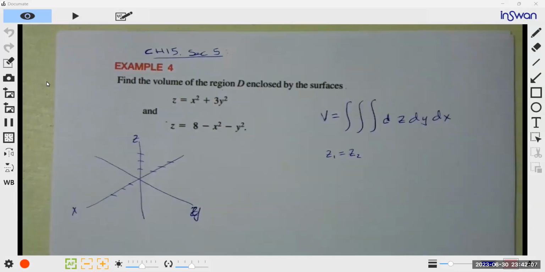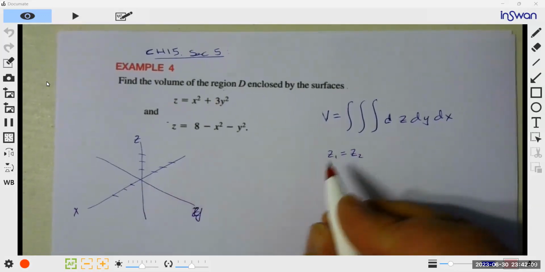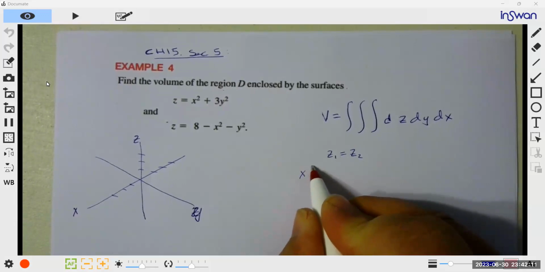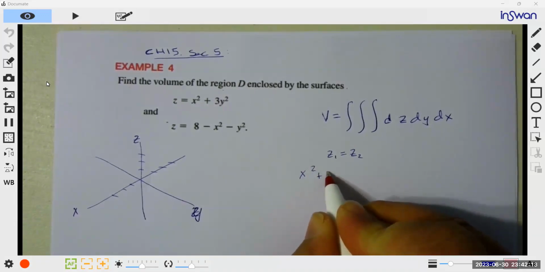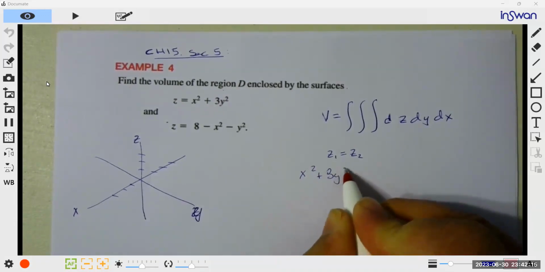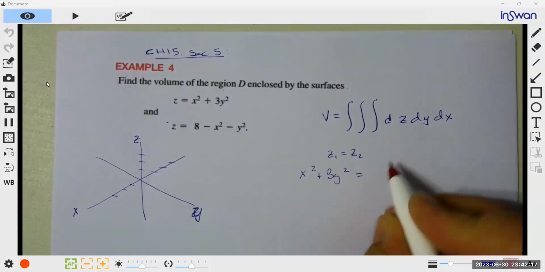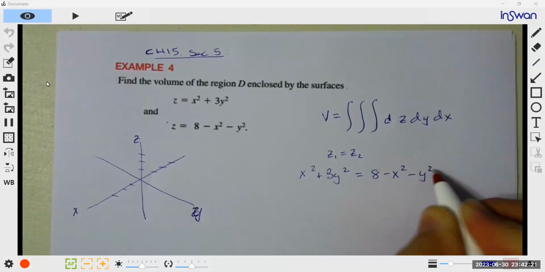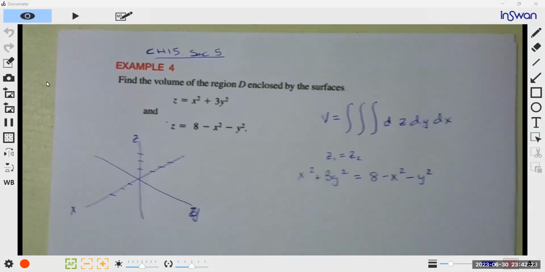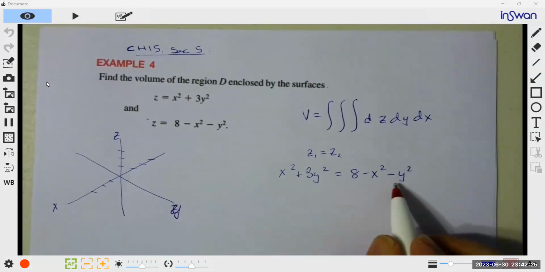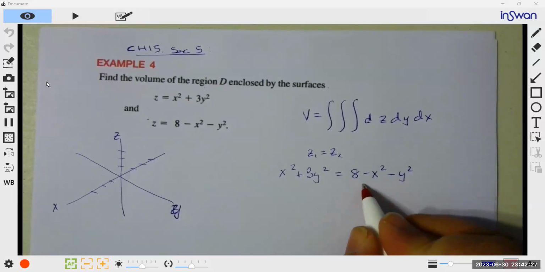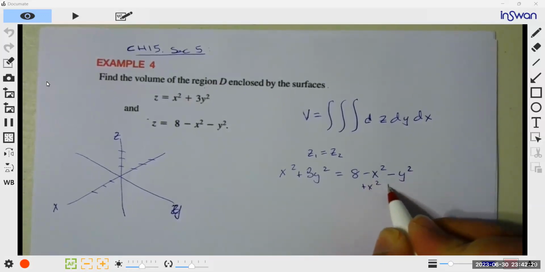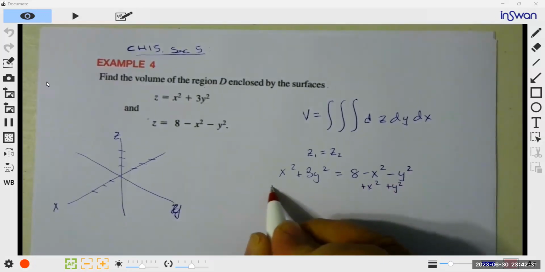and y and z. So our first part we have x squared plus 3y squared is equal to 8 minus x squared minus y squared. Move everything to one side, so we add x squared and we add y squared to both sides.